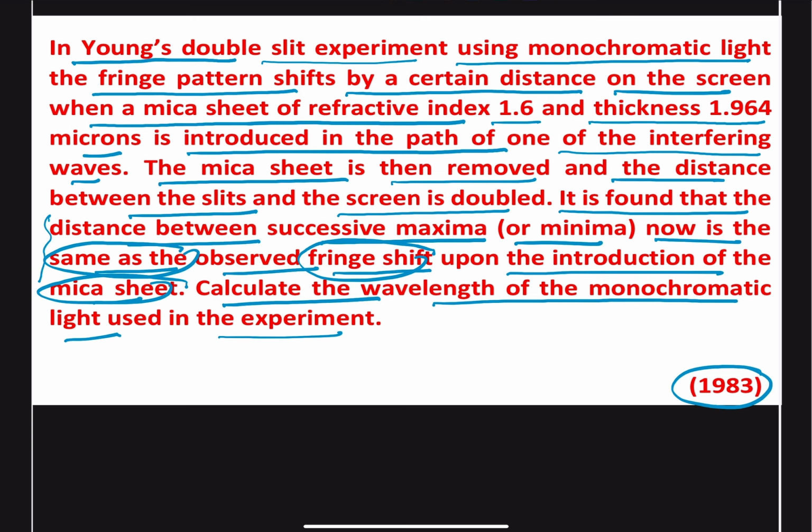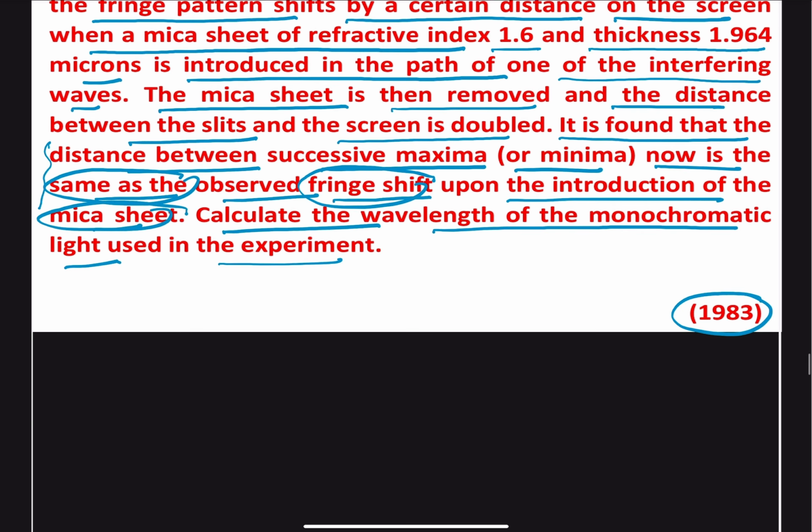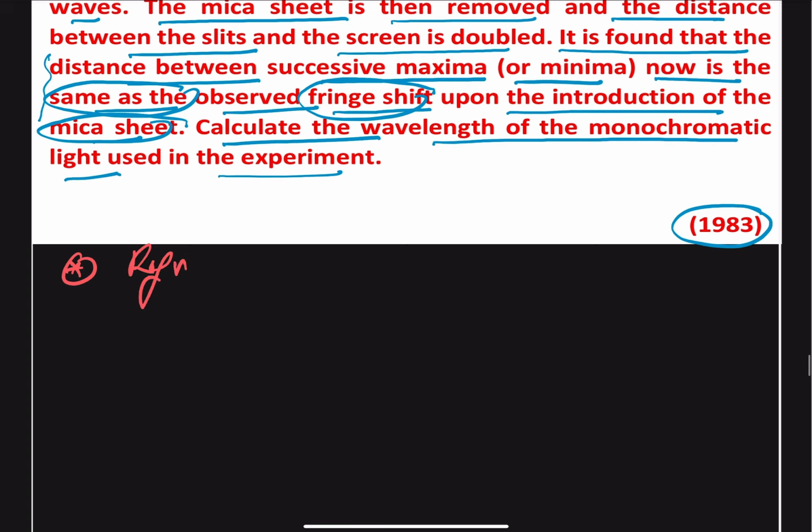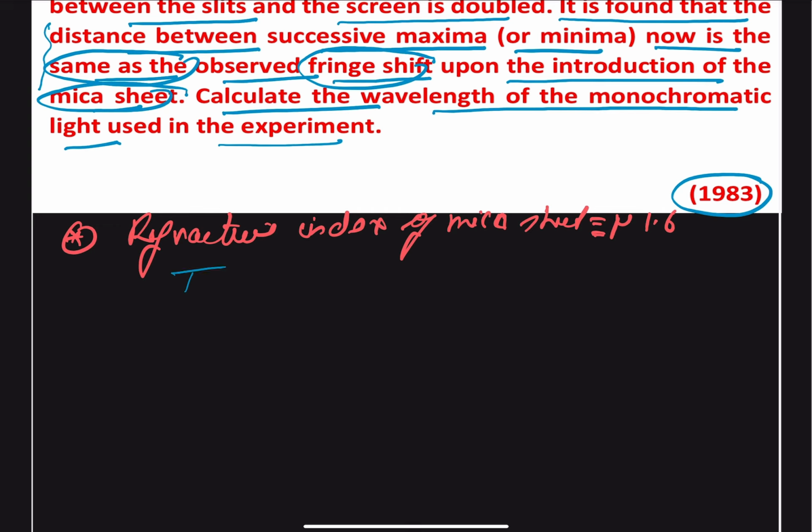Let us first of all write the things given to us. We are given the refractive index of the mica sheet, that is mu, given as 1.6, and its thickness, that is small t, is also given as 1.964 into 10 to the power minus 6 meters.